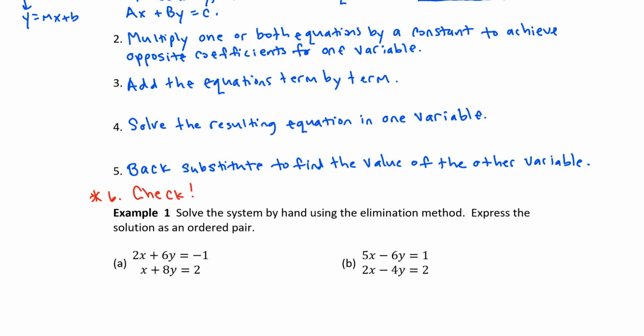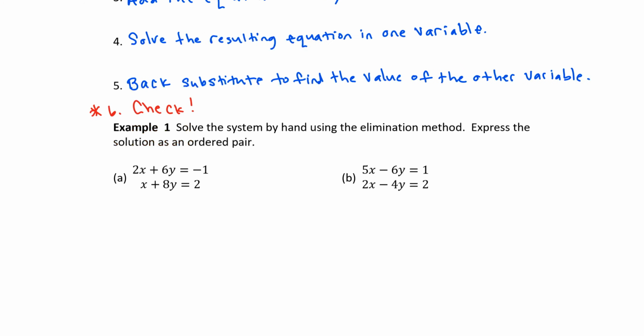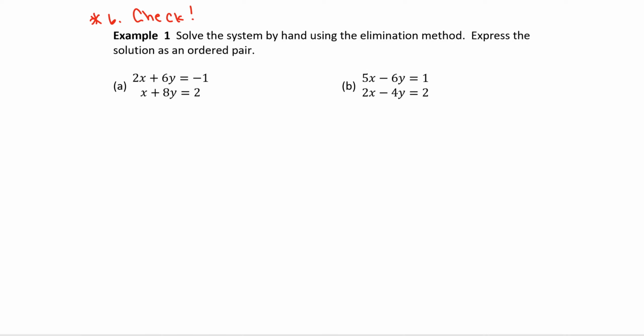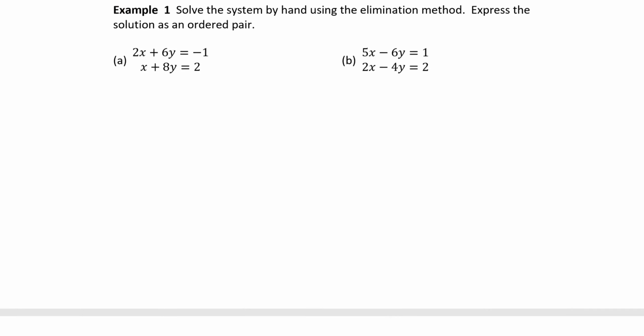We discussed how we needed to get opposite coefficients for one of the variables. It's convenient to get an opposite coefficient on x in example 1a because I've got an easy coefficient to work with right here. So I'm going to just copy down equation number 1 as is, and I'm not going to make any changes to that.